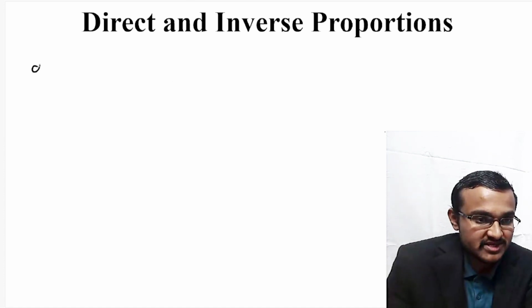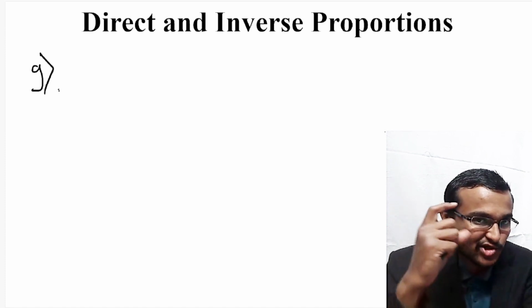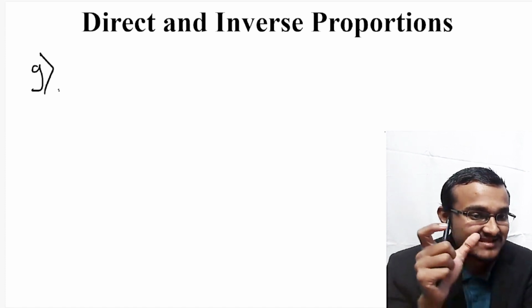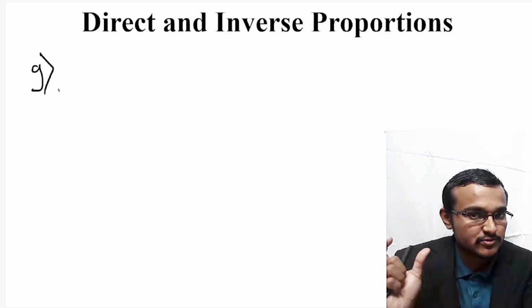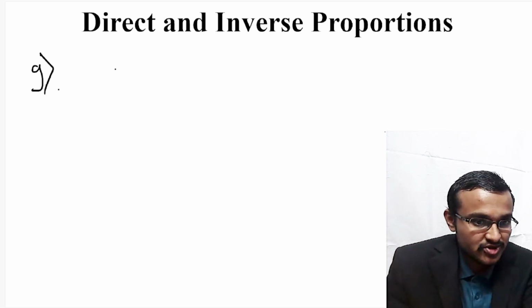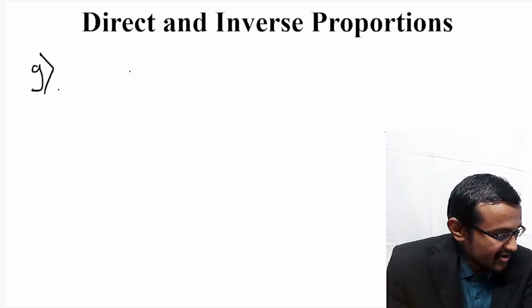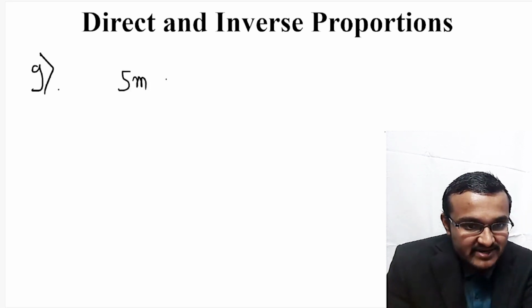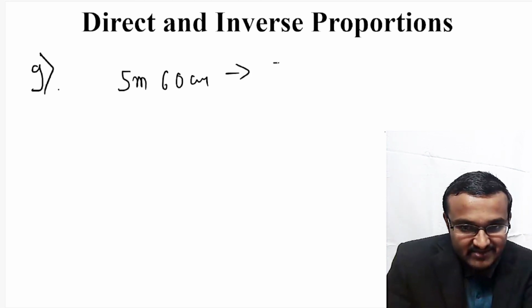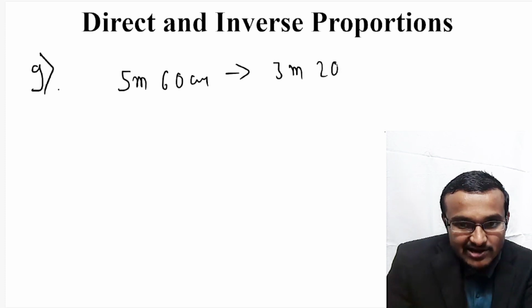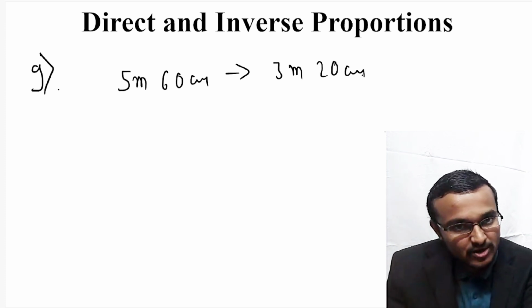Coming to the 9th question, here they have given the length of the pole and the length of that particular pole's shadow, and they are directly proportional to each other. So when the length of a particular pole is 5 meter 60 centimeter, at that particular time it was casting a 3 meter 20 centimeter long shadow on the ground.